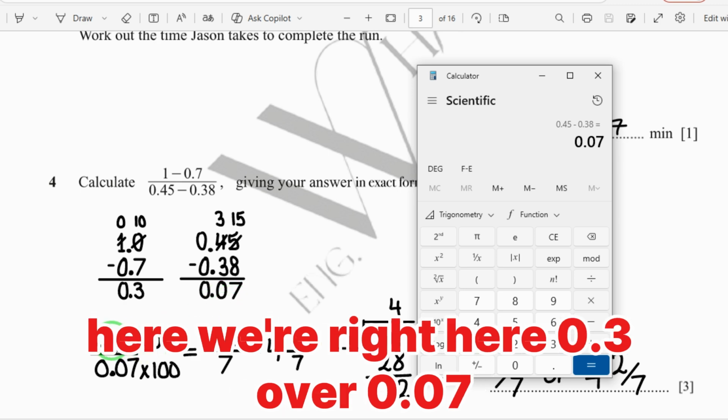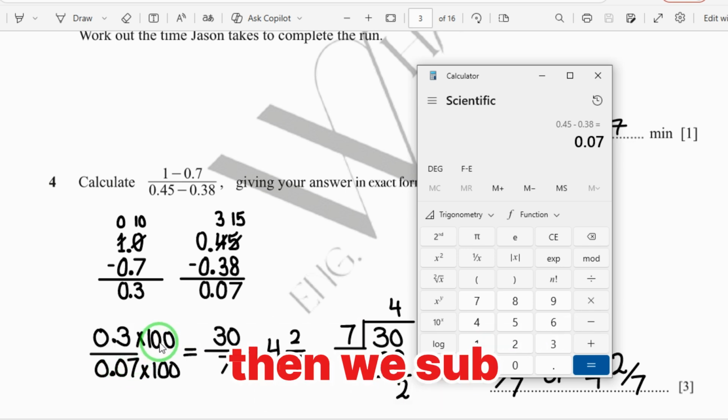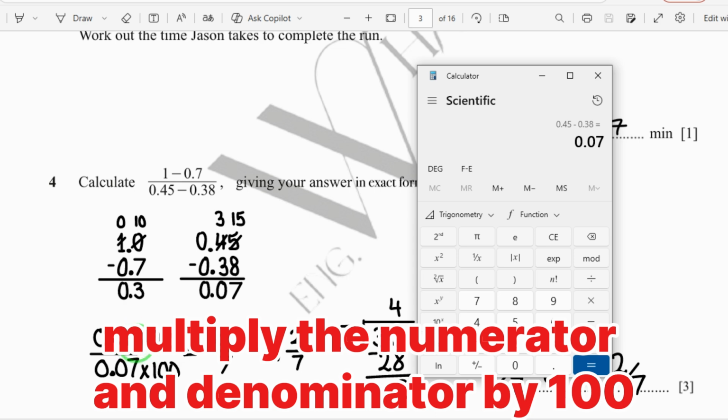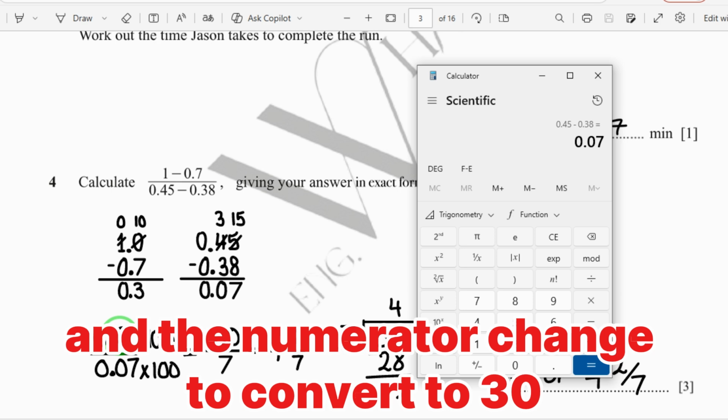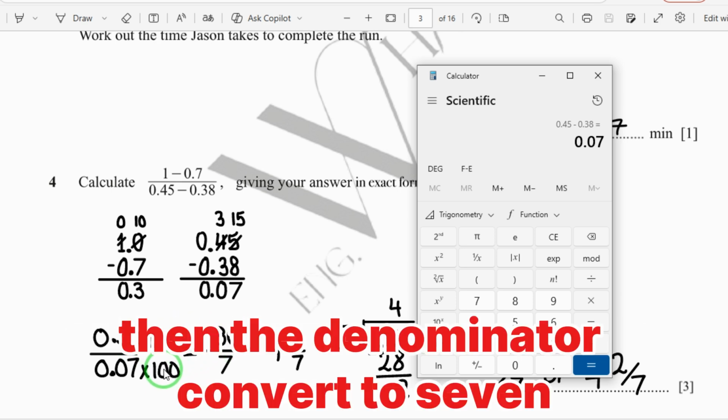So the denominator is equal to 0.07. Here we write 0.5 over 0.07. Then we multiply the numerator and denominator by 100, and the numerator converts to 50 and the denominator to 7.